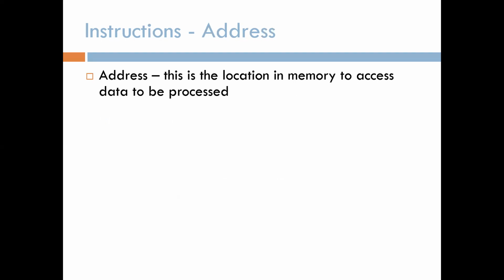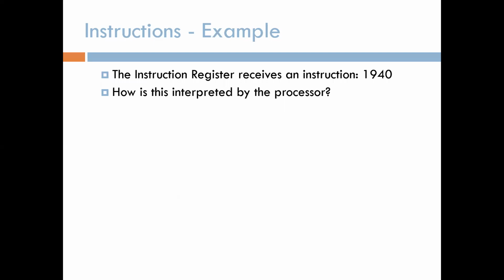Where is that data located? Well, that data is located via an address. And so an instruction register can receive an instruction, and the instruction is 1940. How do we interpret this? How would the processor interpret this?